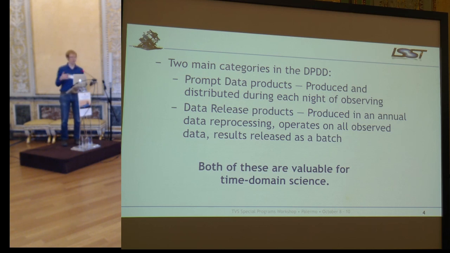If you're interested in longer time series information and you're not worried about slewing your large telescope to that source immediately, the data release on an annual cadence also has that time domain information, and in many cases it has better time domain information because we are able to look at the entire history of the survey all at once. We don't have this 60-second deadline to get out the information, so it will give you higher quality measurements in almost all cases.